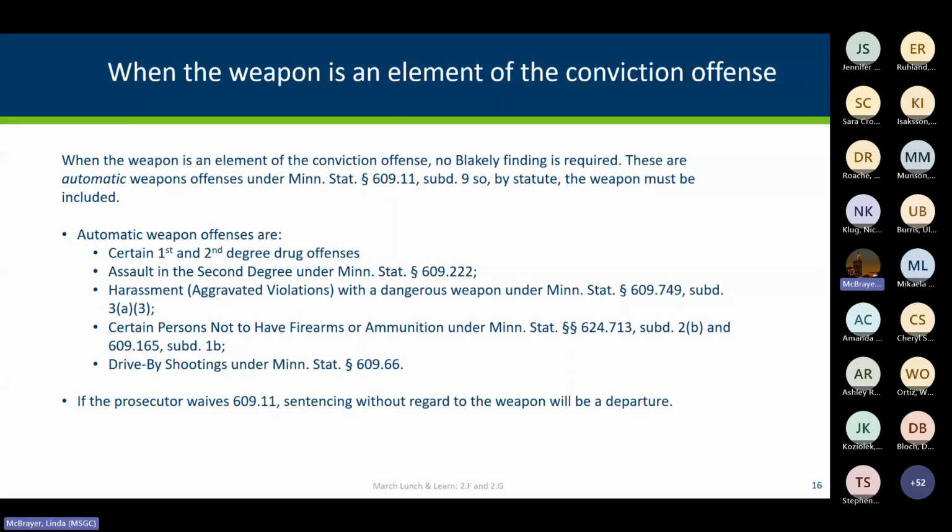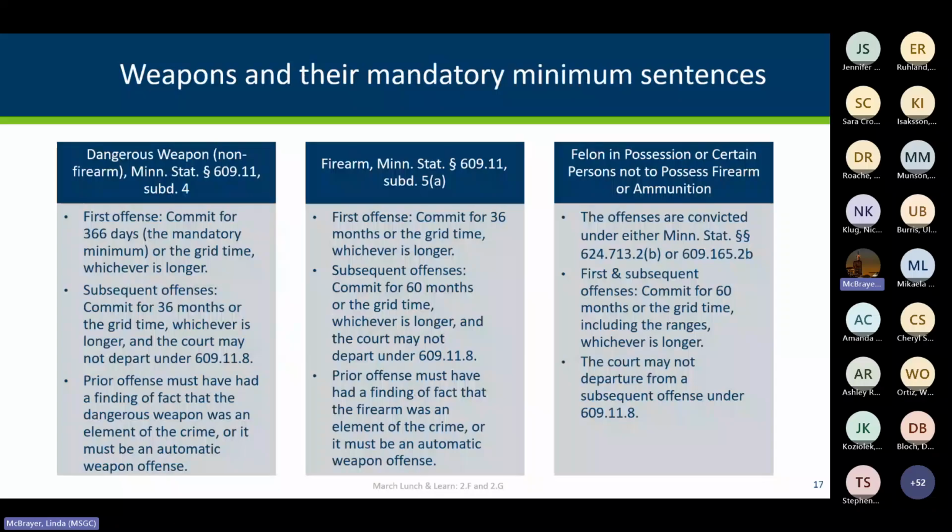All of these have weapons offenses, which means all of these and any other offense where there's a finding that the weapon was an element of the crime carry specific mandatory minimums, keeping in mind that sentence will always be the mandatory minimum or the grid time, whichever is longer. So for their first dangerous weapon offense, that's a non-firearm offense.